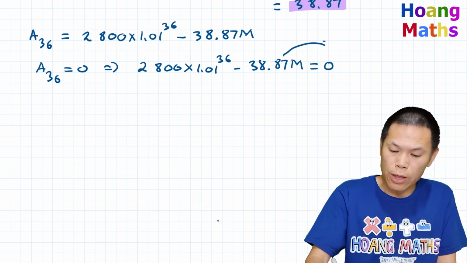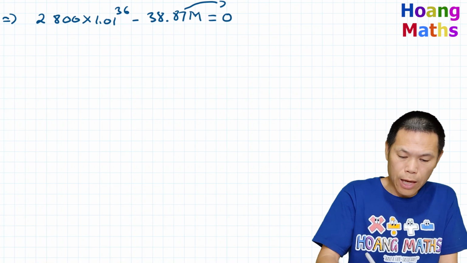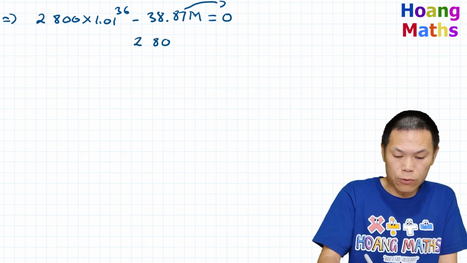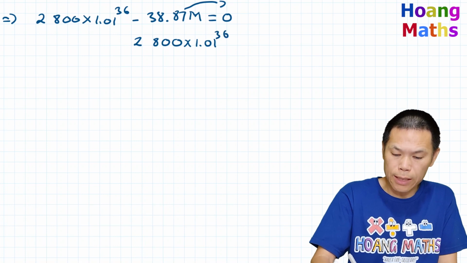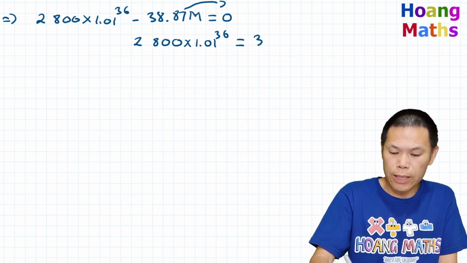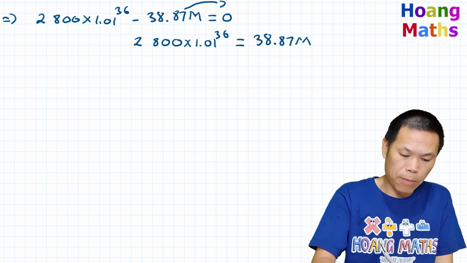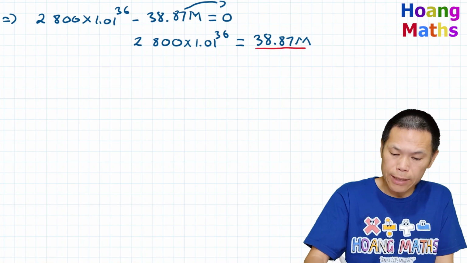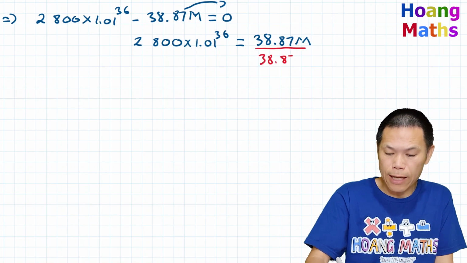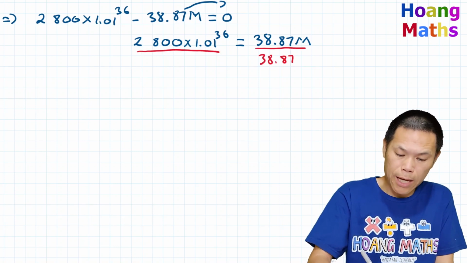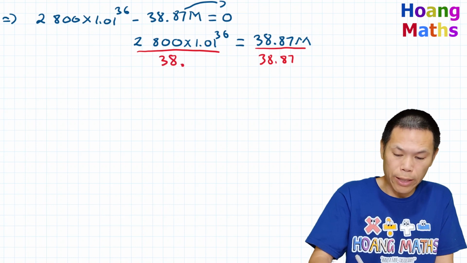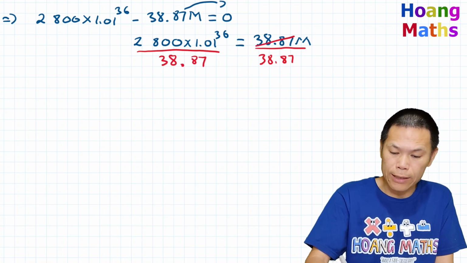So I just move this to that side. So that is 2,800 times 1.01 power of 36 is equal to 38.87 M. So I divide both sides by 38.87, so that cancels out.